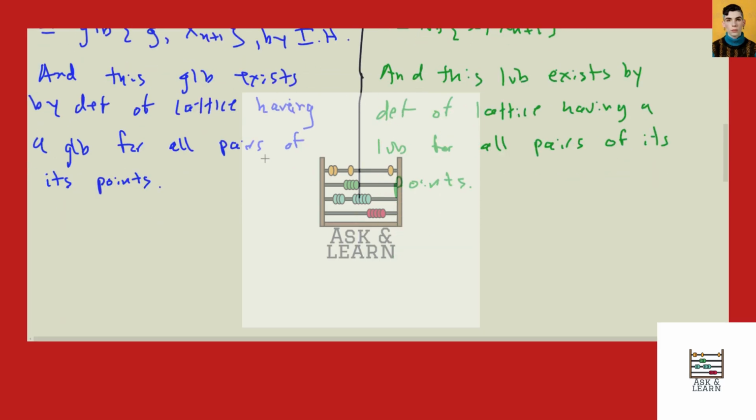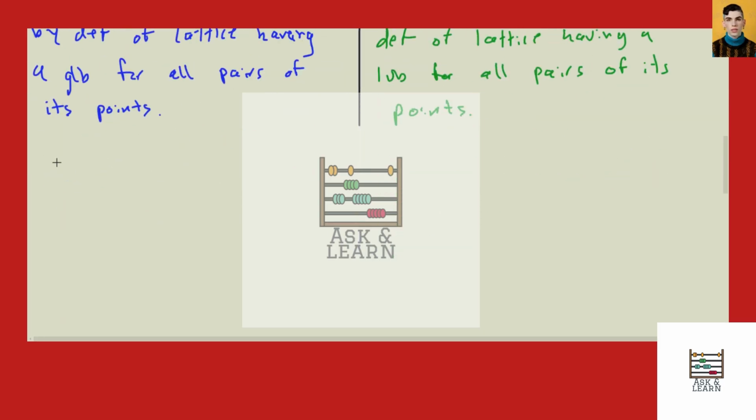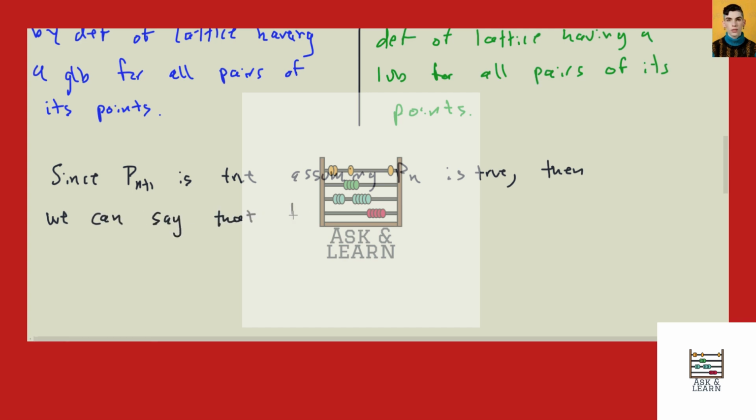Now we should just kind of conclude what we've shown here. So since Pn plus 1 is true, assuming Pn is true, then we can say that Pn is true for all n elements of the natural numbers.